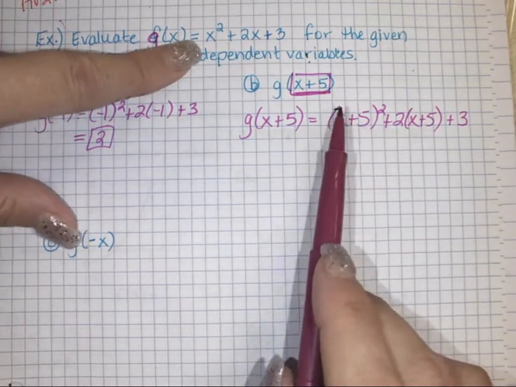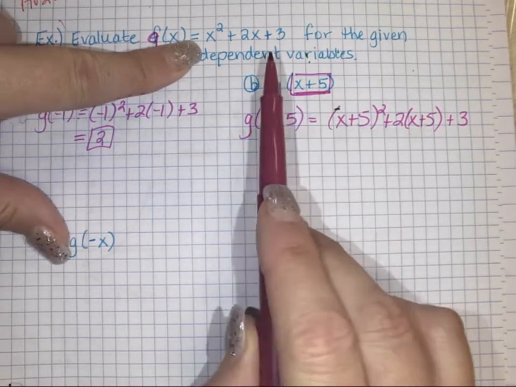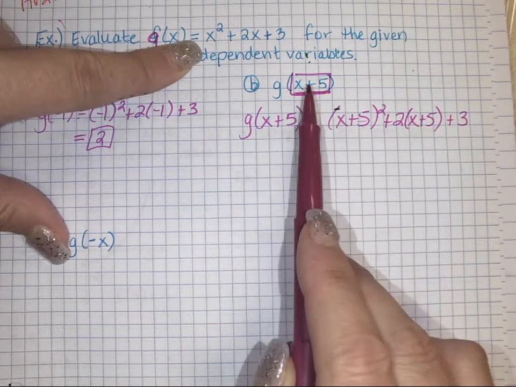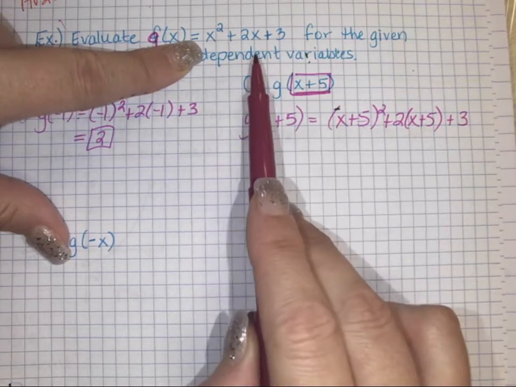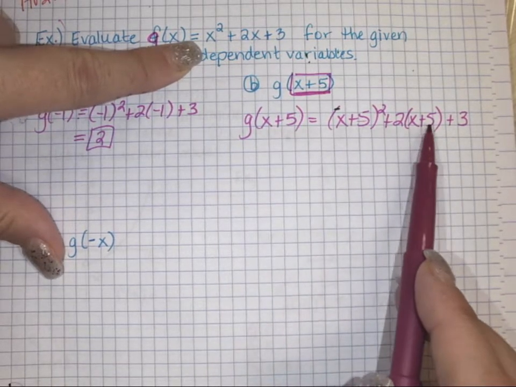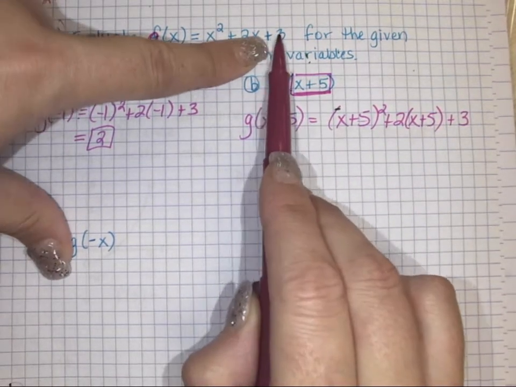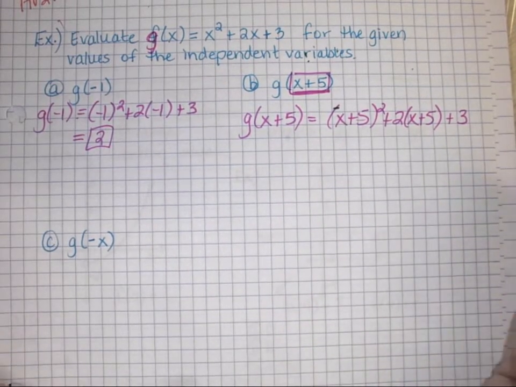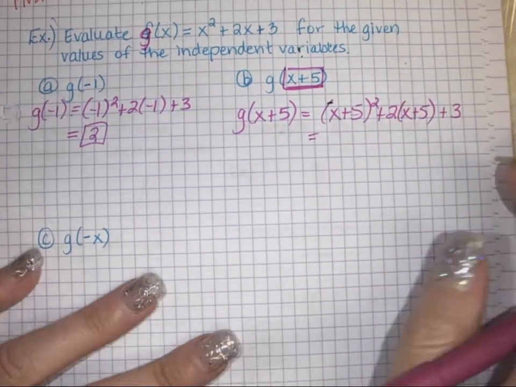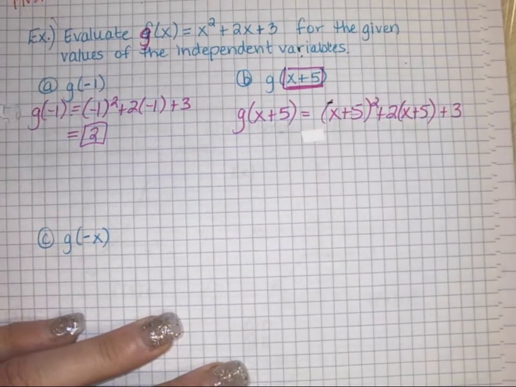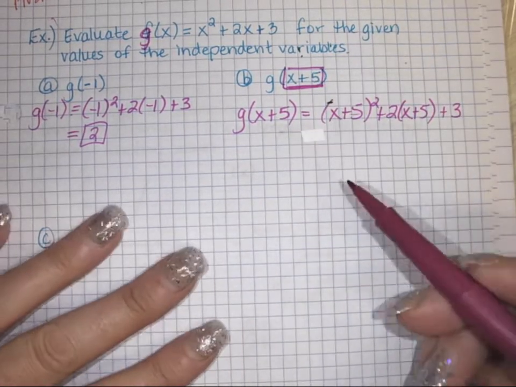So I took x plus 5 and plugged it in here for x, and we're going to square it. Took x plus 5, plugged it in here for x, and we're going to multiply it by 2. And then you have to make sure you remember the plus 3.